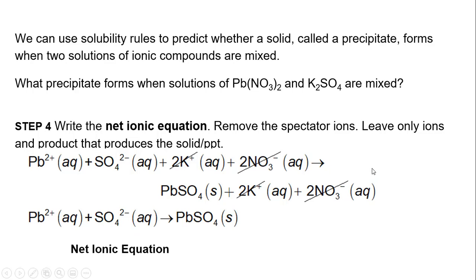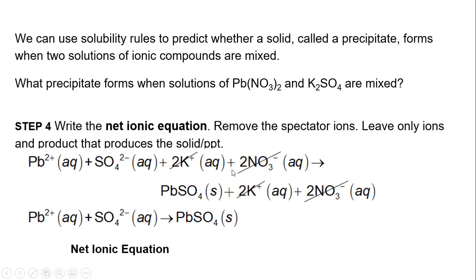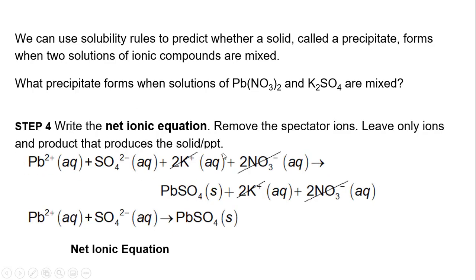So this part here is the ionic equation with things being crossed out so you can see how we got to the net. And the net only involves what produced the solid, and that's it. The rest of it is removed if you're asked for a net ionic equation. That's why I put them in bold so you can see which ones are which. And that is it.